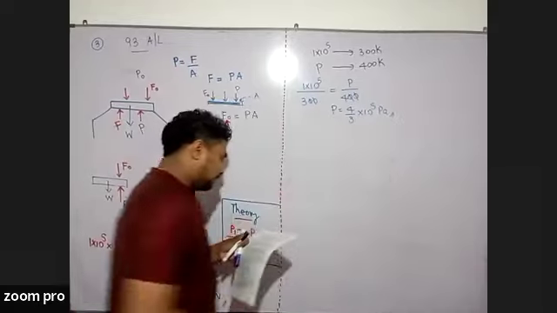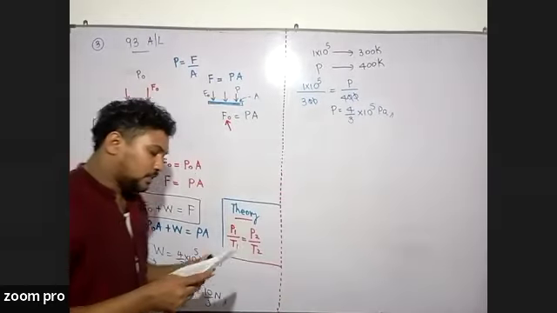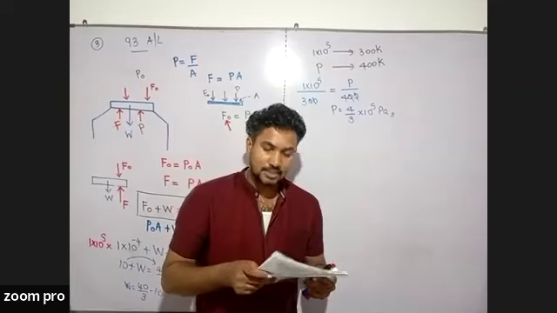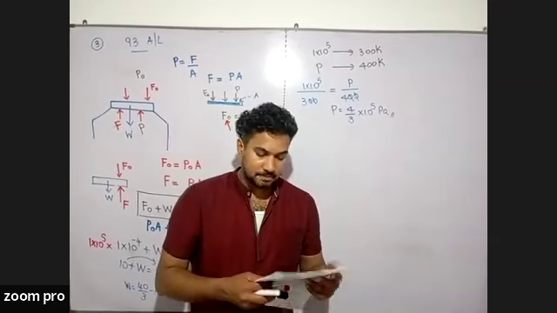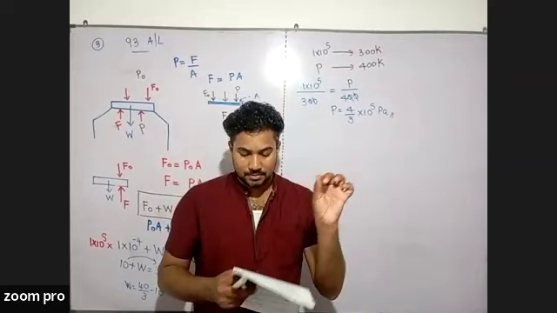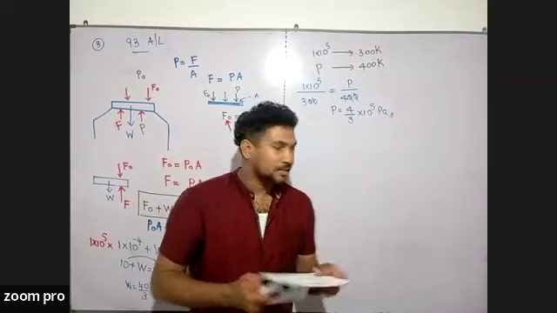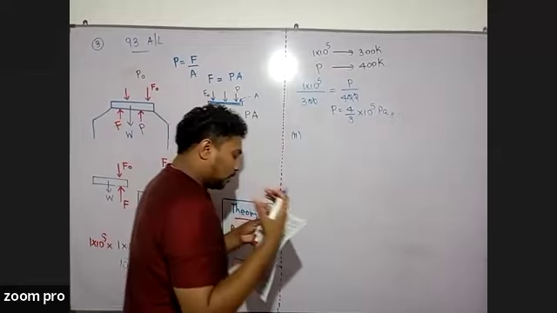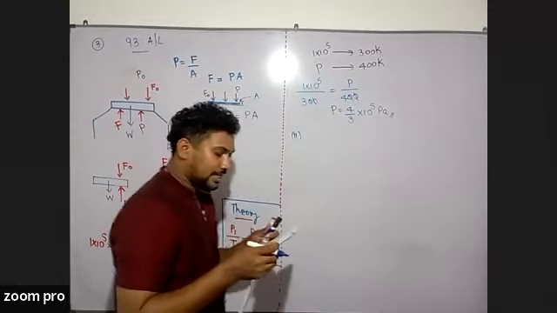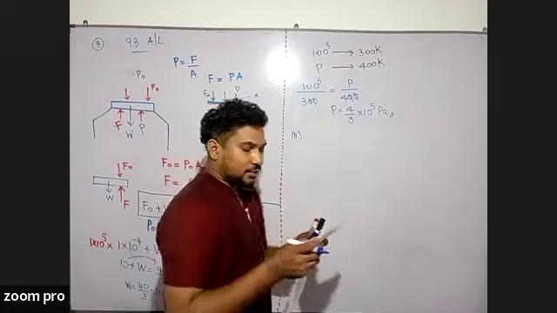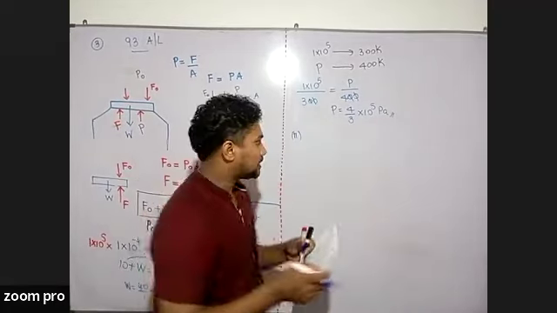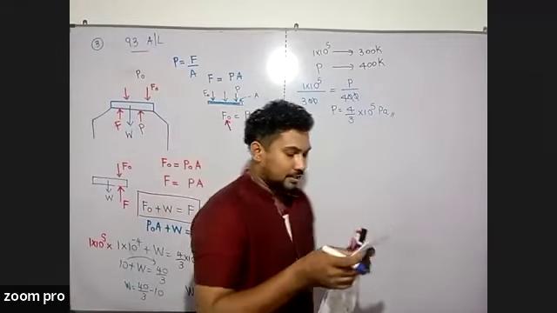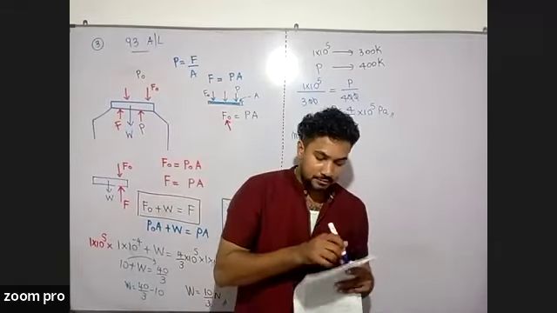Now in the second part of this question, suppose a small quantity of water is present in the vessel at 27 Celsius. So first of all, what does that mean? This question is mentioning that a small quantity of water is present in the vessel at 27 Celsius. So just keep it at atmospheric pressure.